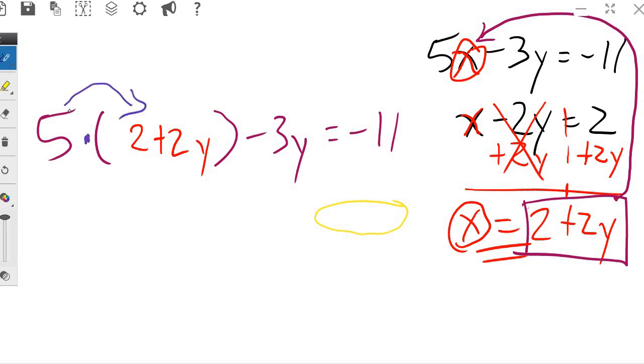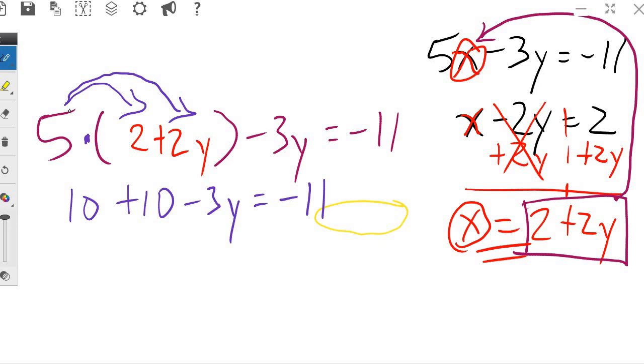So remember, to make parentheses disappear, we use the distributive property. Notice how everything is coming back. You just can't forget what you learned before. So 5 times 2 is 10. 5 times 2y is plus 10y, minus 3y equals negative 11. Sorry, 10 plus 10y, I forgot to put the y, minus 3y is equal to negative 11.